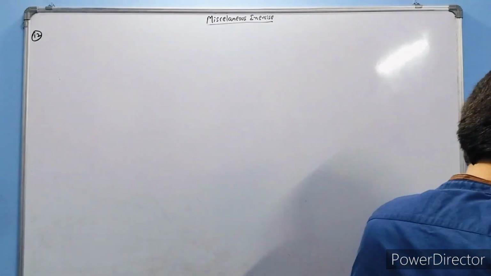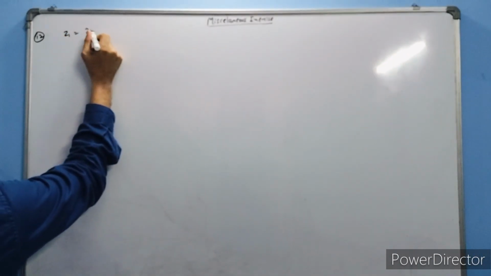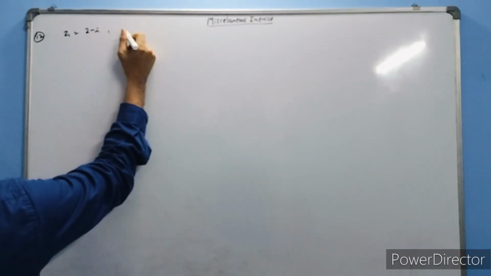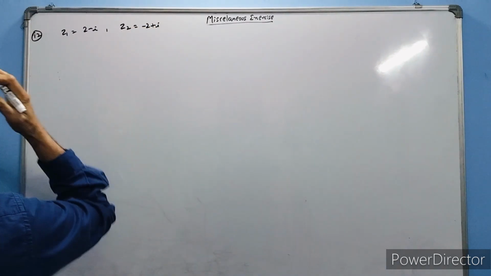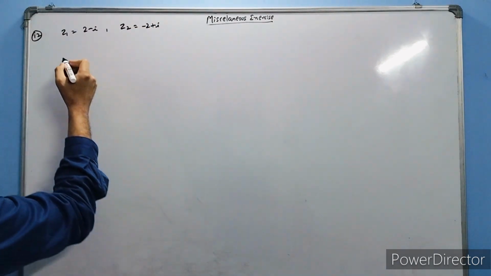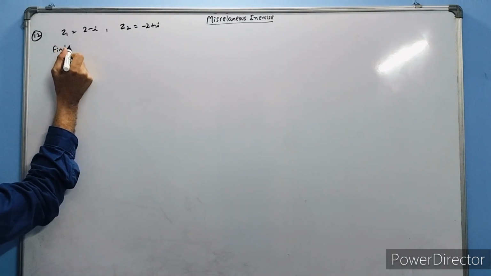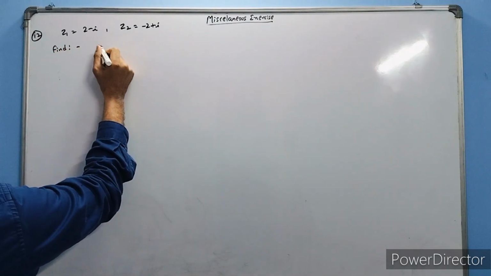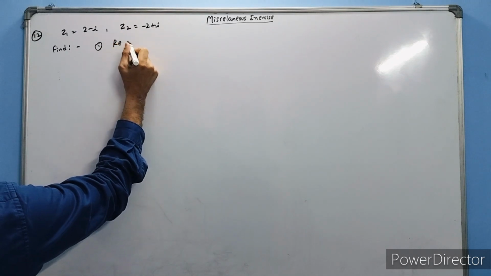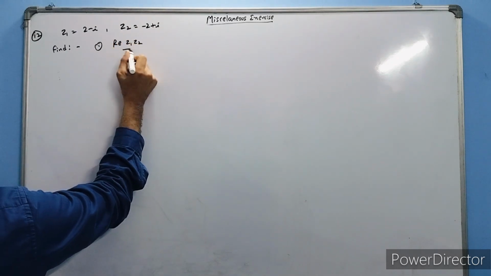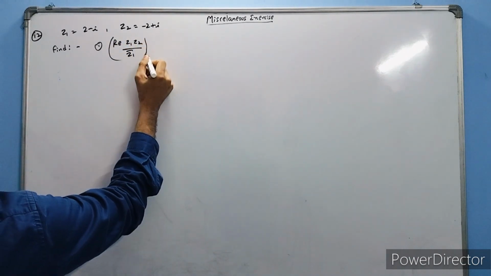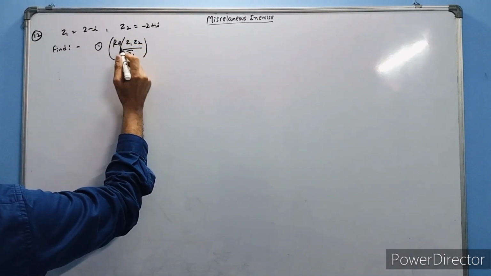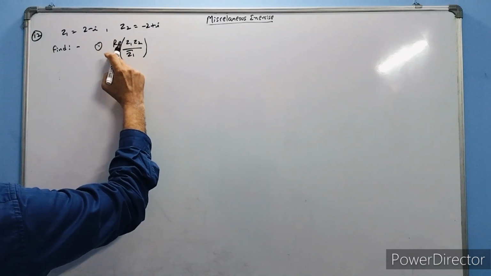They have given that z1 is equal to 2 minus i and z2 is equal to minus 2 plus i. So what we need to find, let us see. First, we need to find the real number z1 z2 upon z1 bar. Okay, so we need to find this.